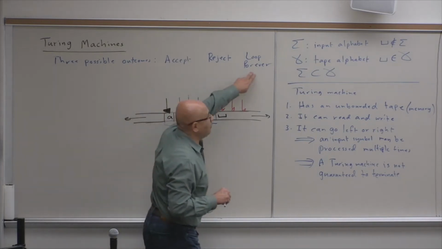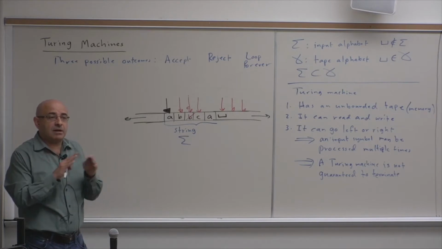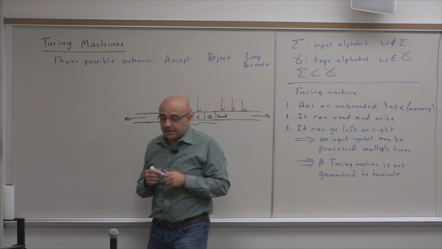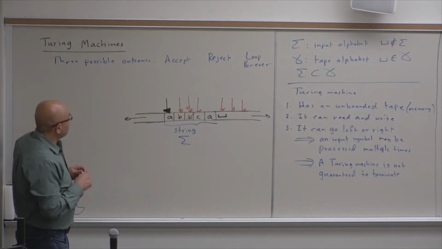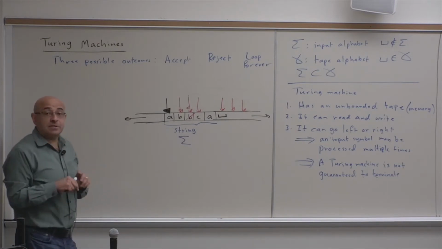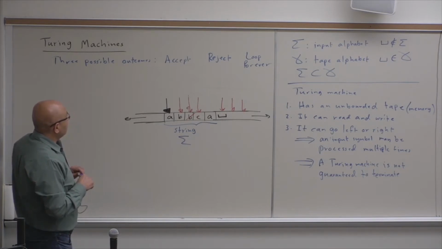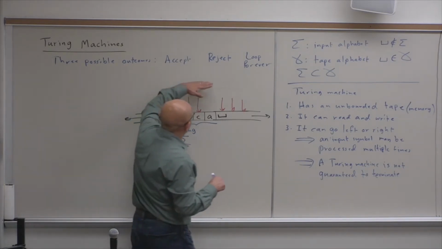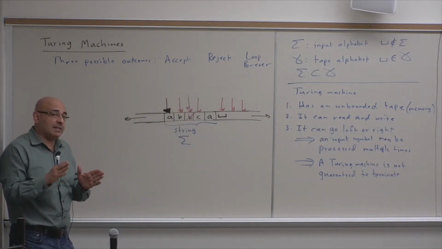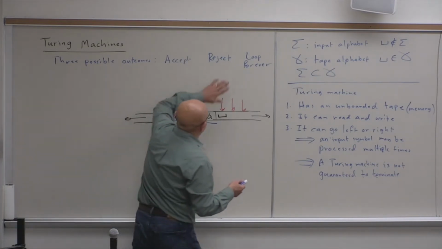And this loop forever is not there, because by definition, you have to process the symbols of the input string, and if you end up in an accept state, that's an accept. If you end up in a reject state, then you reject.